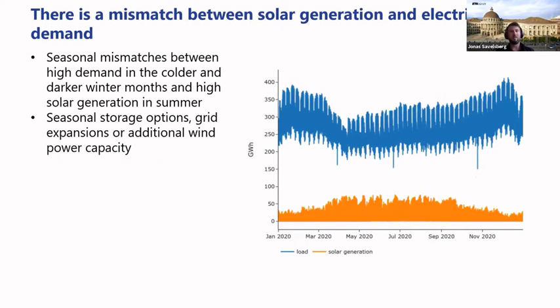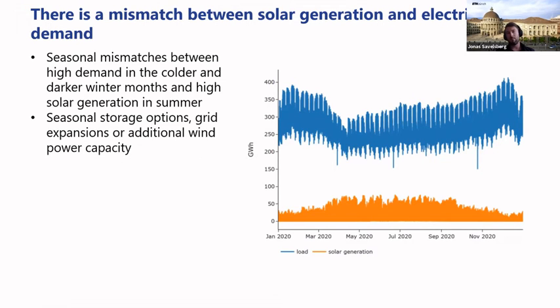For example, again in Western Europe, we have pretty high demand in the cold and darker winter months. As you can see here, this is basically the entire NSOE region covering most of Europe, with load being pretty high in the winter months, and solar generation, of course, being higher in the summer months. In this case, we probably need seasonal storage options, grid expansions, or additional wind power capacity to deal with this issue in a system with a very high level of solar generation.